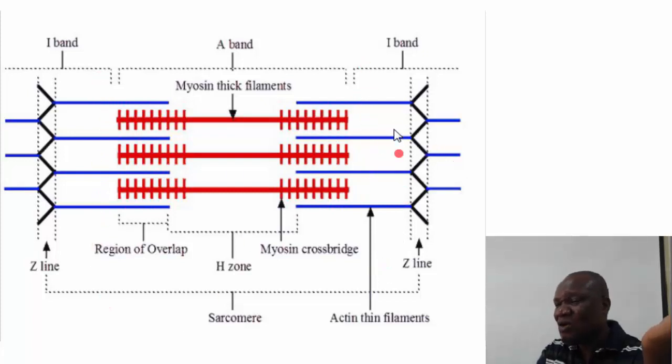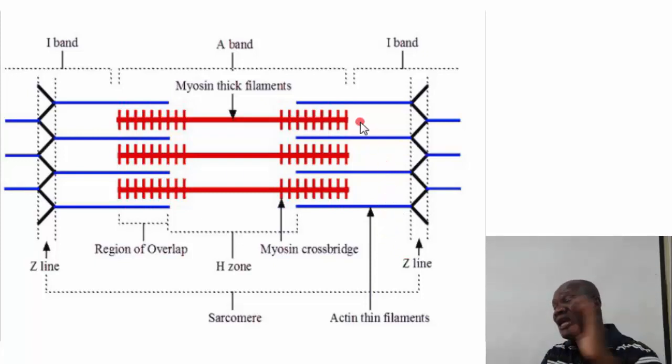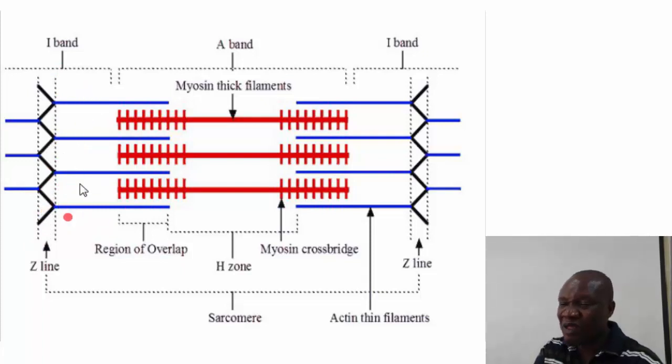Then within the I band, we have a dark portion, and this dark portion is called the Z line. Now the Z line holds adjacent thin filaments together. So you see the Z line holding the thin filaments.